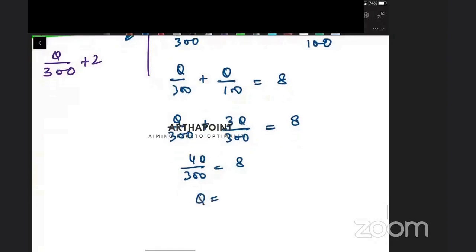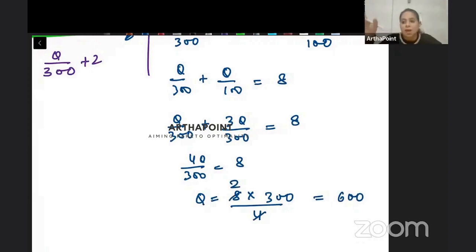So you will get your Q as 8 into 300 by 4, which means you will get Q as 600. So this is going to be your quantity supplied in the market. Q will be 600.